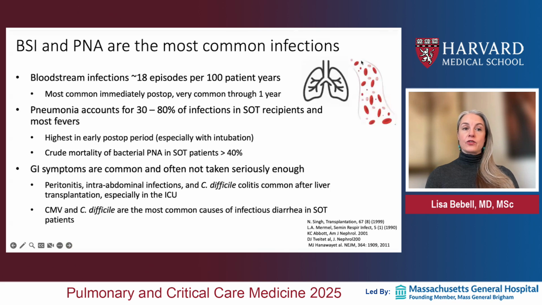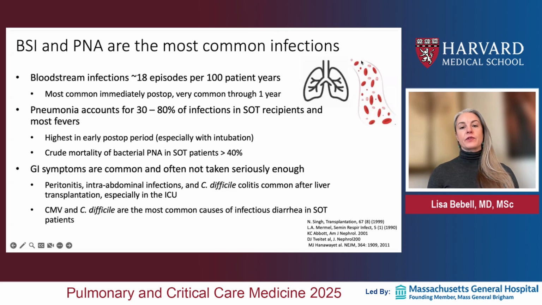All in all, though, bloodstream infection and pneumonia are still the most common infections in immune-compromised hosts. Bloodstream infections occur at about 18 episodes per 100 patient-years, and are most common immediately post-op in transplant recipients, but are still very common throughout the first year after transplant. Pneumonia accounts for 30 to 80% of all infections in solid organ transplant recipients and accounts for more fevers.